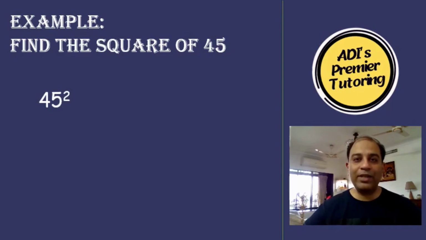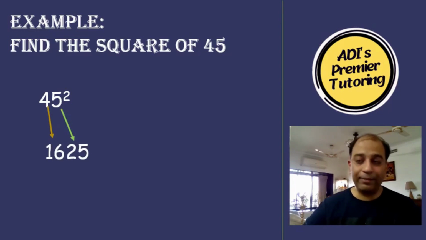So our first step is to find the square of 4 and the square of 5. The square of 4 is 16 and the square of 5 is 25, and we're going to merge them together just like this. So we have got 1625. Now we're going to multiply 4 into 5 and multiply it by 2 again.